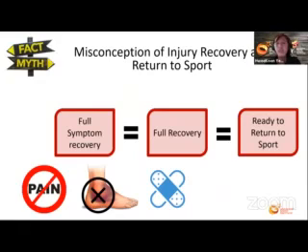The swelling, even by not doing anything, would likely resolve in a week or two. If your pain has got better and your swelling has resolved, you tend to walk better. But with this full symptom recovery, a lot of people would think that you have fully recovered and are ready to return to sport. So this is the second misconception.